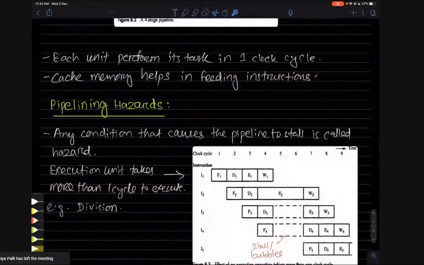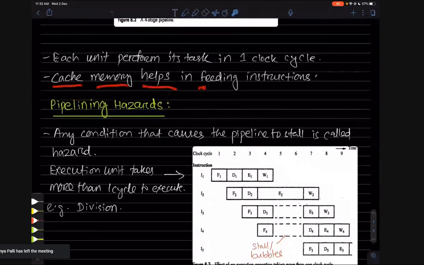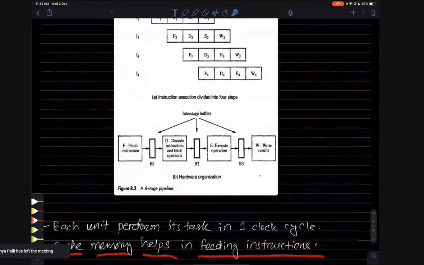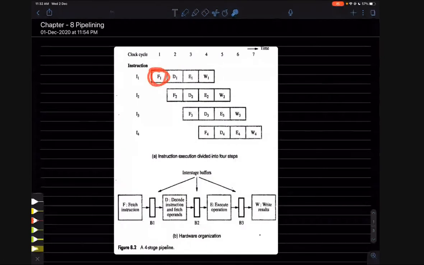Another thing is that cache memory helps in feeding the instructions. So how will they get the instruction after every clock cycle? If we normally fetch the instruction from the main memory, it cannot be done in one clock cycle, because we have to issue one read operation, then main memory will take some time to find the data, then it will send it to your processor, so it will take multiple clock cycles.